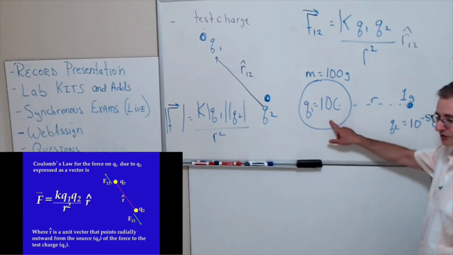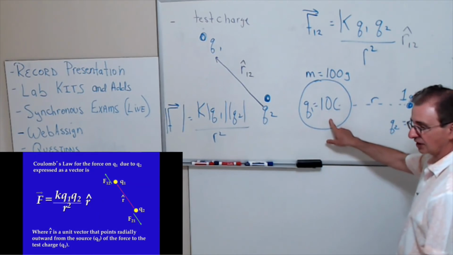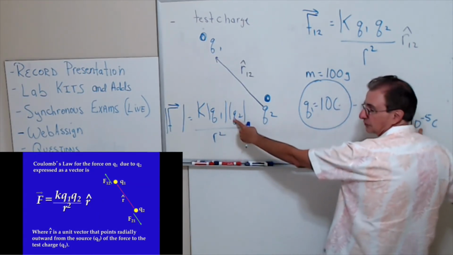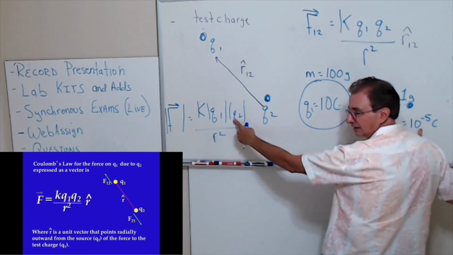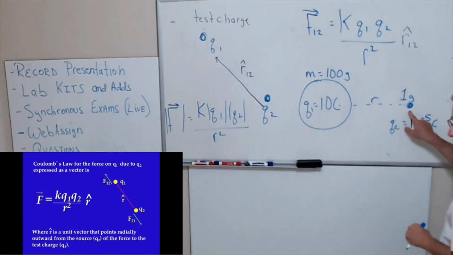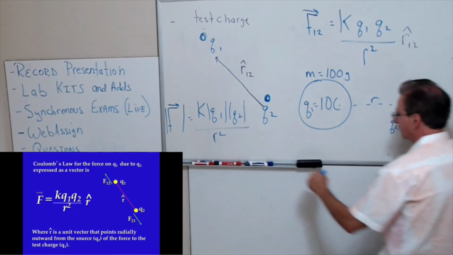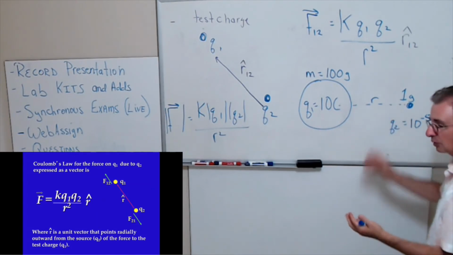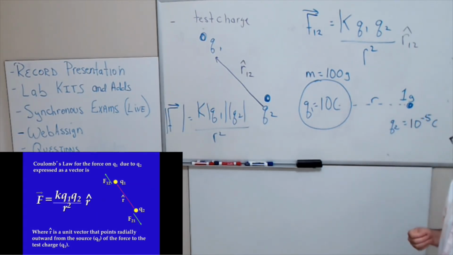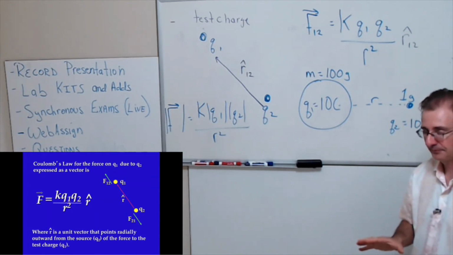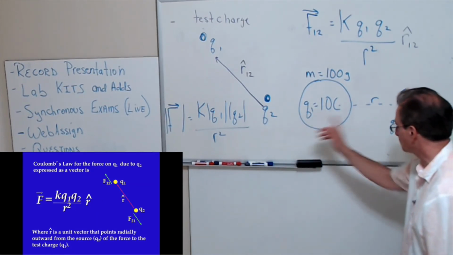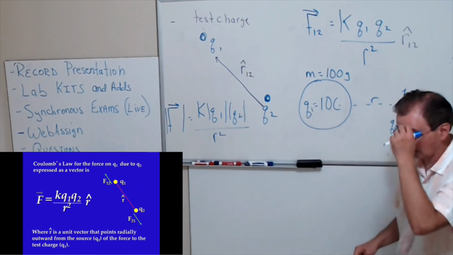Now, if I want to find the force on this charge due to that charge, I put 10 coulombs here and 10 to the minus 5 coulombs here, right? If I want to find the force on this one, I put the same 2 charges here at the same distance. So they're the same. The forces are equal but opposite. It obeys Newton's third law.